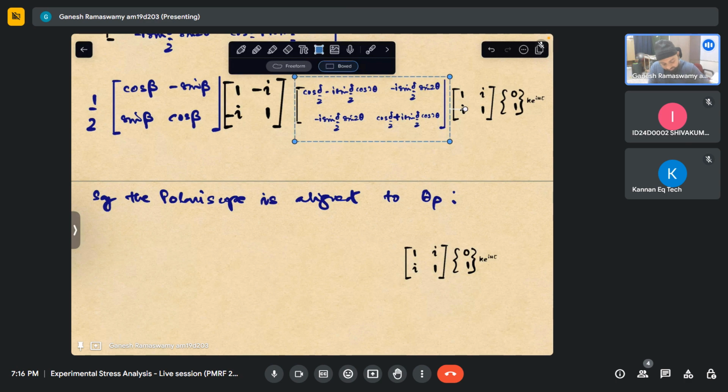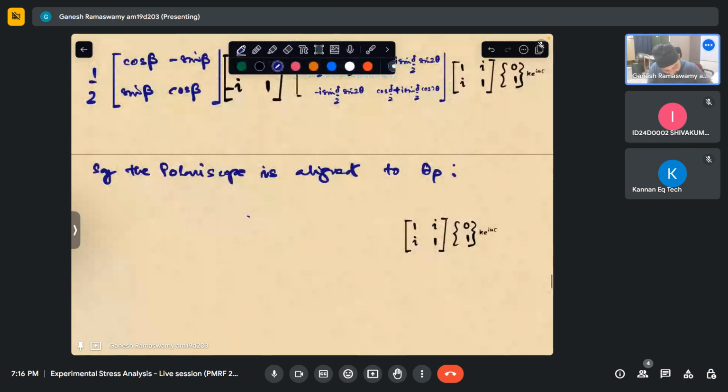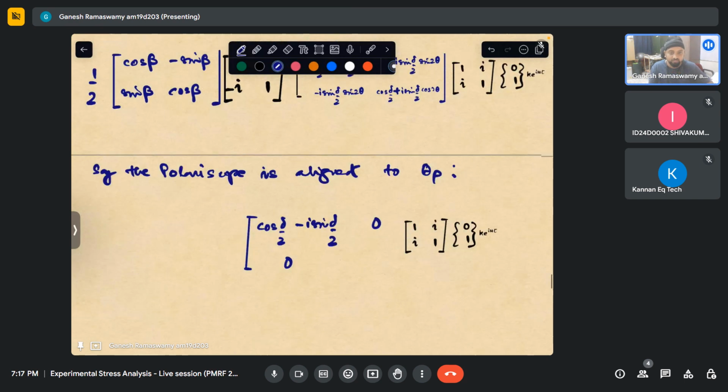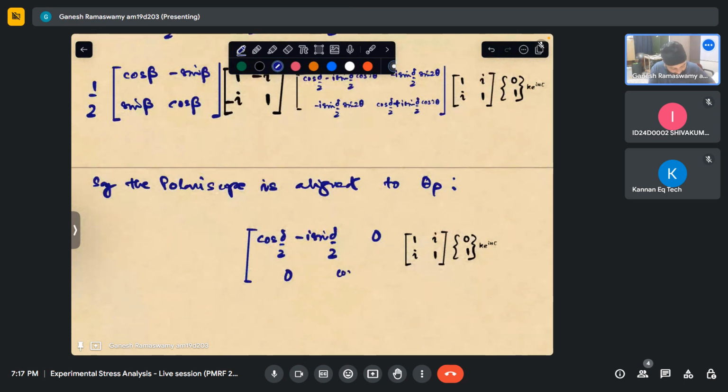This will just be cos delta by 2, and this is aligned. This becomes 0 because theta sine 0. This will be cos delta by 2 plus i sine delta by 2 into this entire thing.